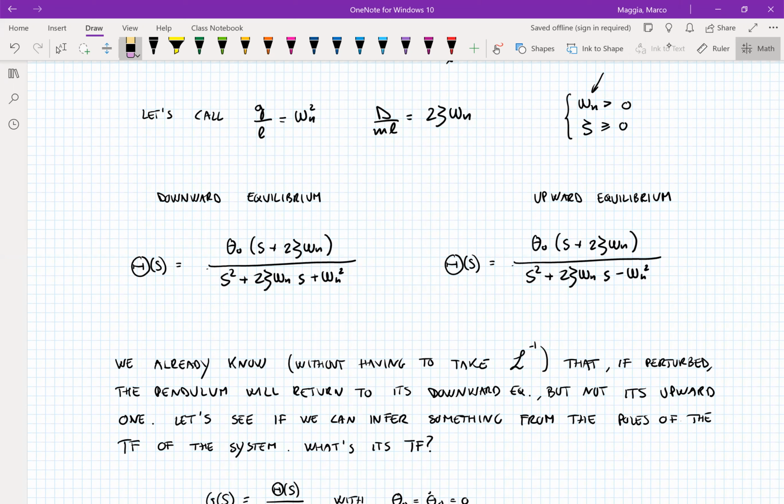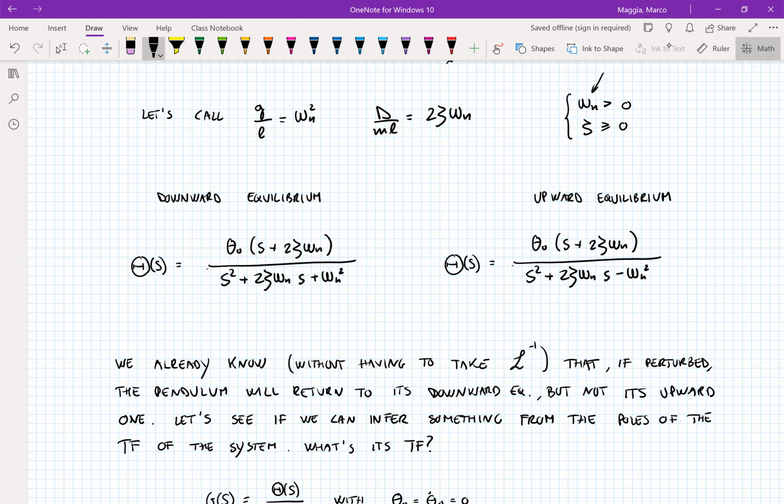What do we know? Well, we know that with respect to the downward equilibrium position, if we perturb the pendulum, then if there is a little bit of damping, it will oscillate, the amplitude of the oscillations will diminish until the pendulum reaches again the vertical downward equilibrium.